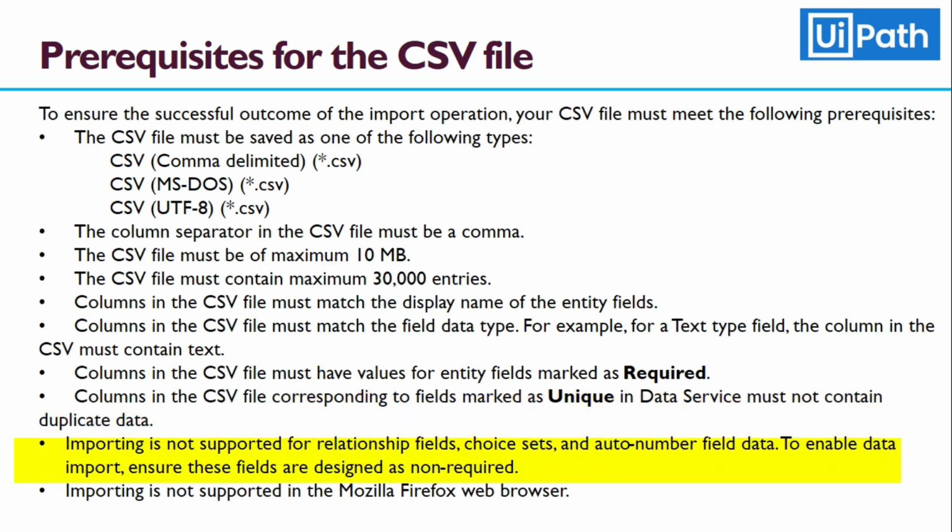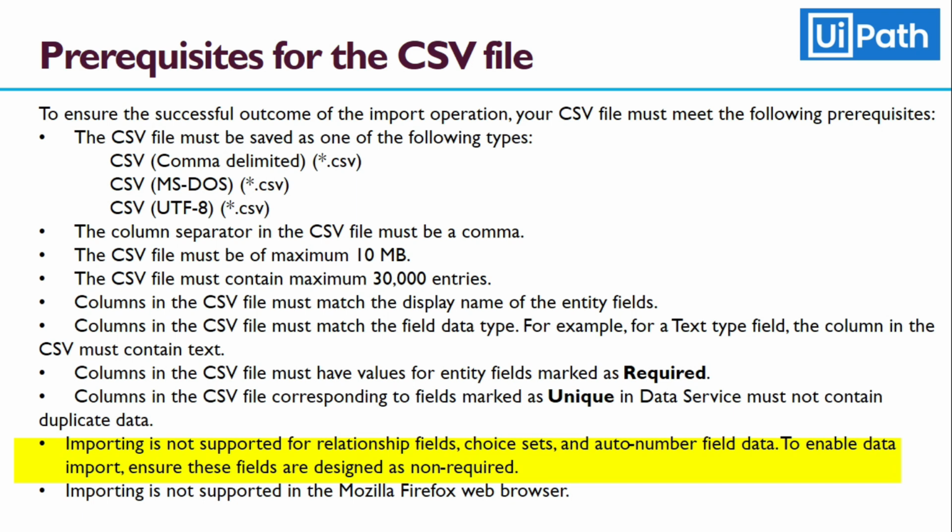Importing is not supported for relationship fields, choice sets, and auto number field data. To enable data import, ensure these fields are designed as not required. As you have learned in my previous videos, auto number is set automatically, increasing 1, 2, 3, 4, 5.